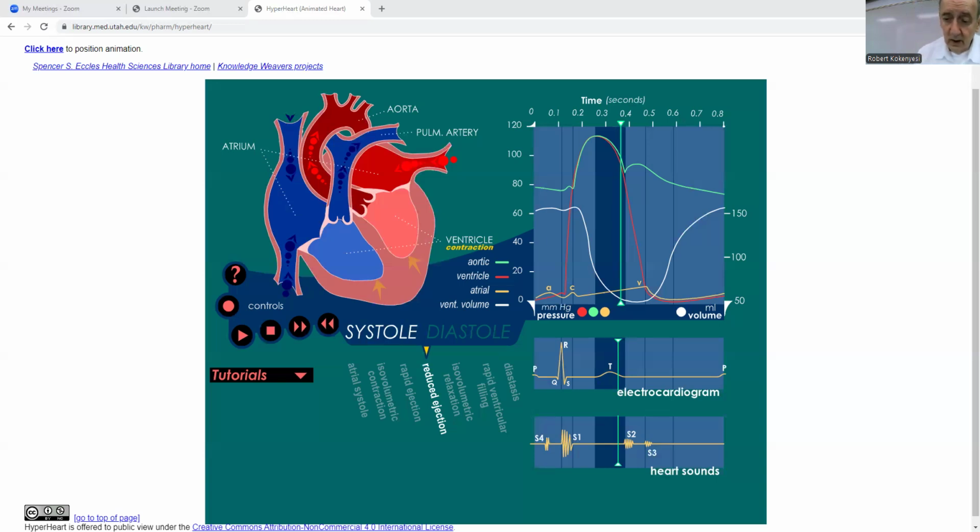The other way to increase stroke volume is to increase the hormonal effects on the cardiac muscle cells. The chemical agents that improve contraction force are called inotropic agents.